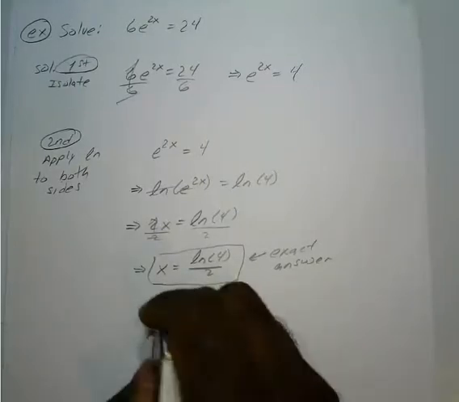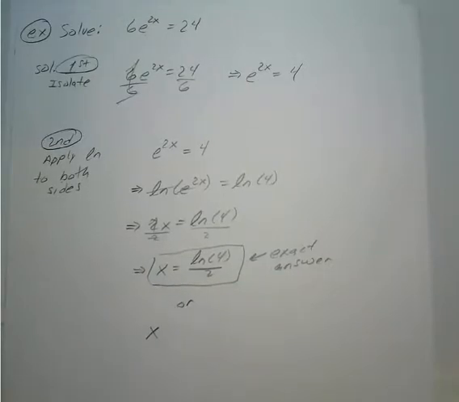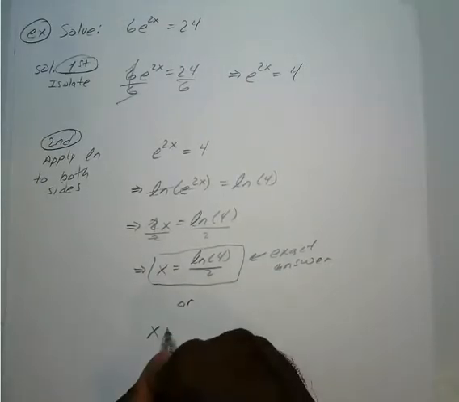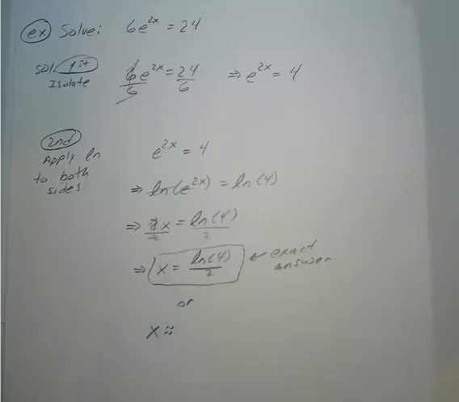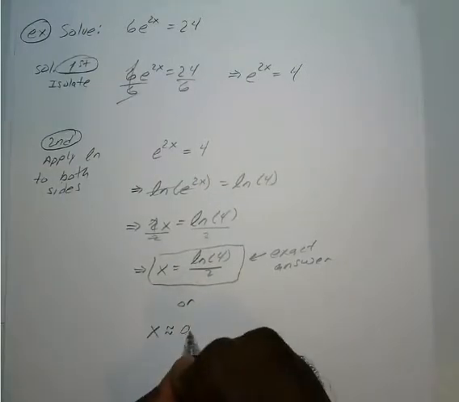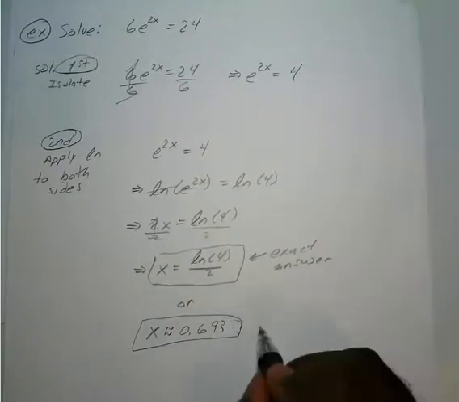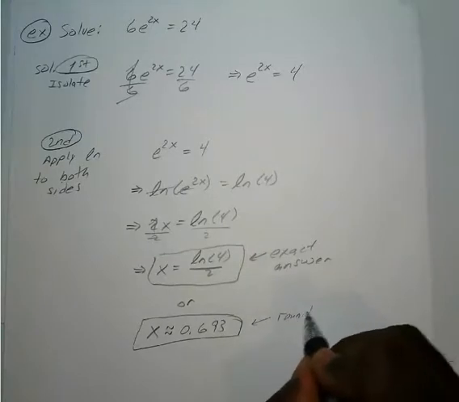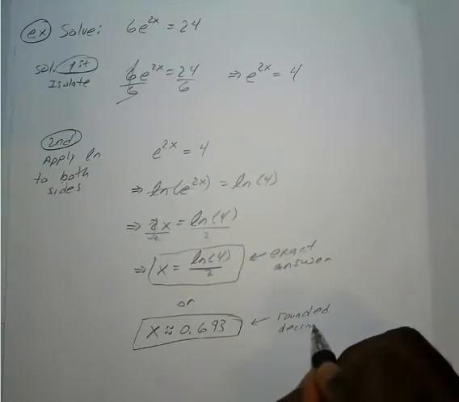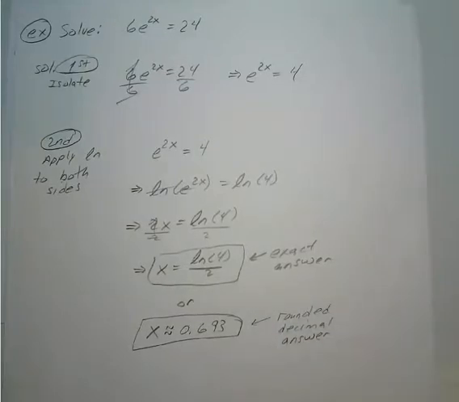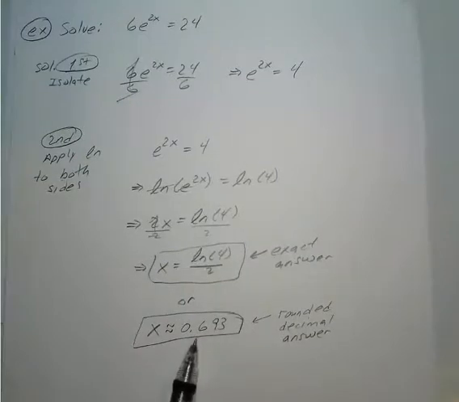It's not equals, it's more of an approximation, so we use the little squiggly equal sign for the approximation. 0.693 if you plug that into a calculator, so a rounded decimal answer. Now in most cases they'll tell you what to round it to, like the nearest thousandth, so 3 decimal places. So you just have to pay attention to the instructions and they'll let you know just how big to make that decimal.